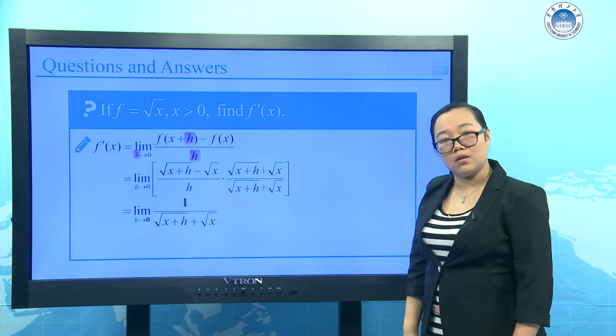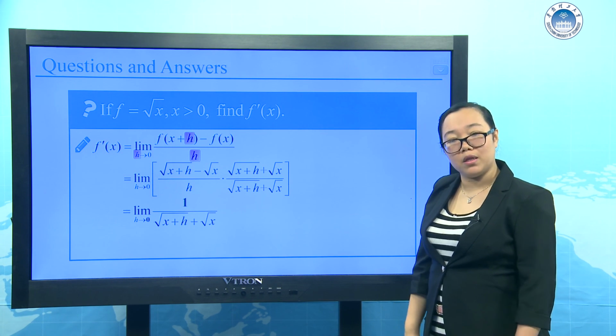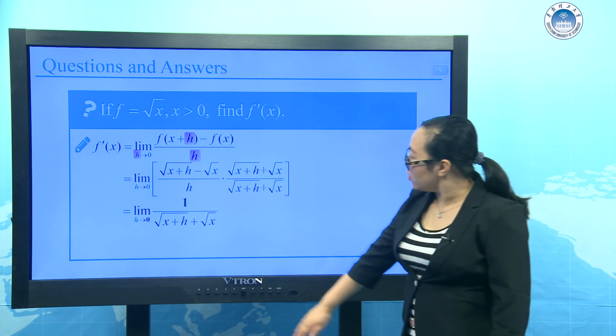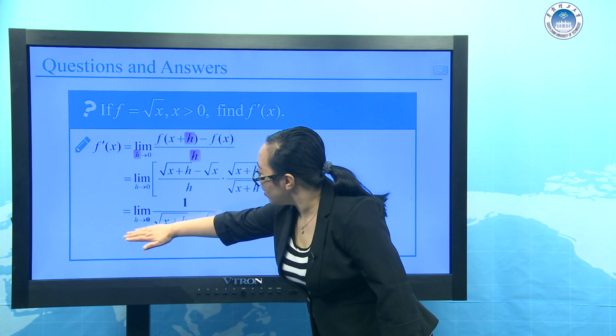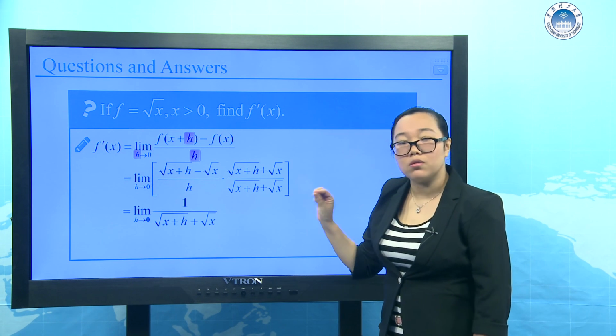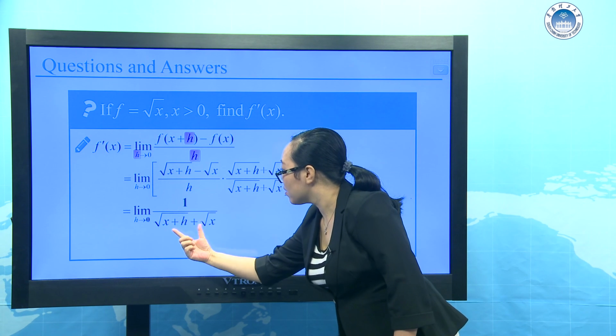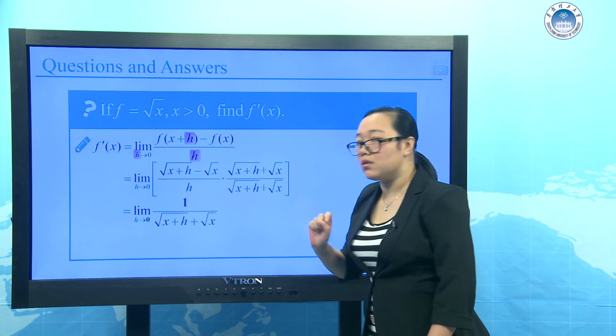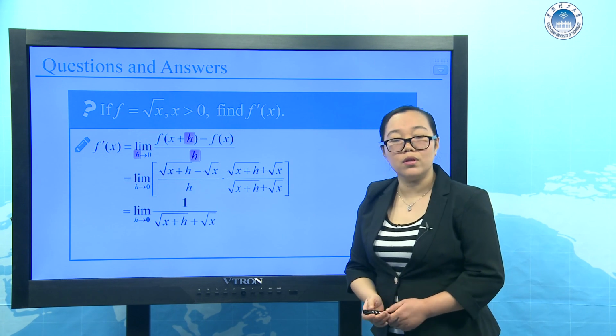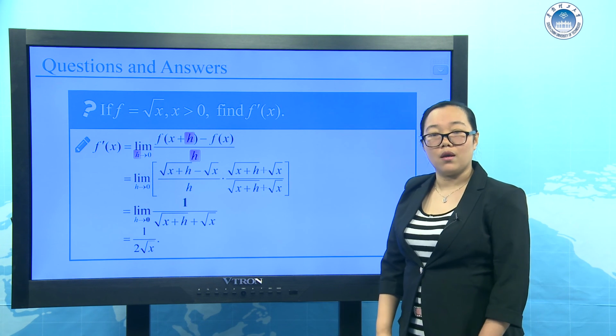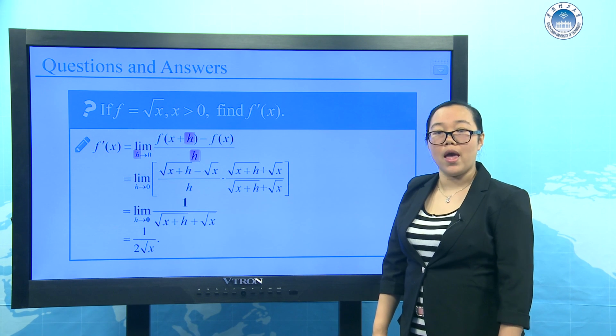Now look at the limit. We have learned the limit. Pay attention to the condition: the variable h tends to 0. h tends to 0, this means how about x? x doesn't change. So the final result equals 1 over 2 square root x.